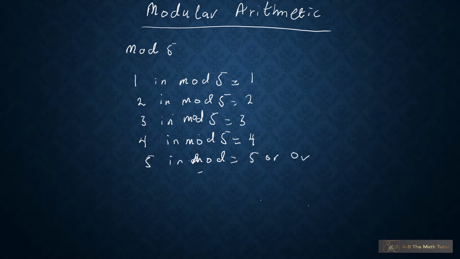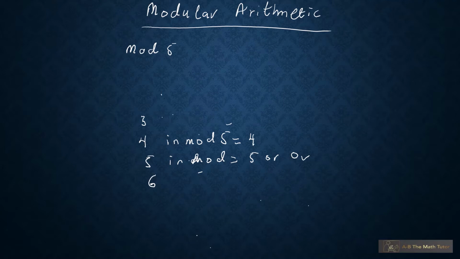But when you come to 6, you have to come all the way back to 1, because we are dealing with modulo 5. And so depending on which modulo or which number we are dealing with, whenever you reach that number in terms of counting, you go back to the start of the counting process.